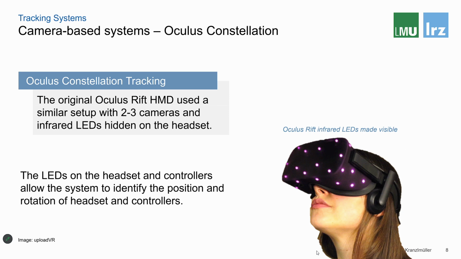And what you can see here as well is that the original Oculus Rift was not necessarily designed to be a room scale system that allowed you to move around in a larger area. Because if you look at the head strap, you can see that there are no LEDs on there. The LEDs were mainly on the head-mounted display itself, so on the device in front of your face, because it was originally designed to work more like in a sitting setting.